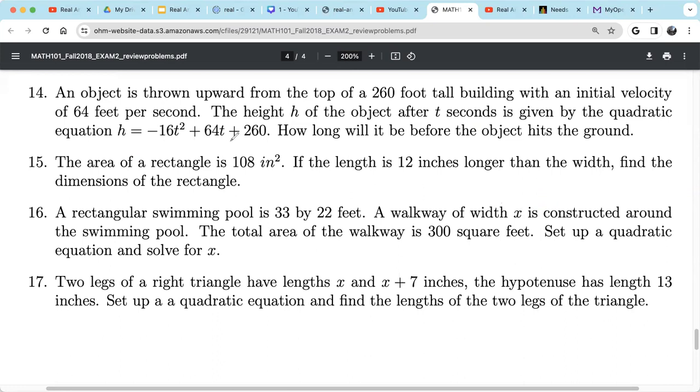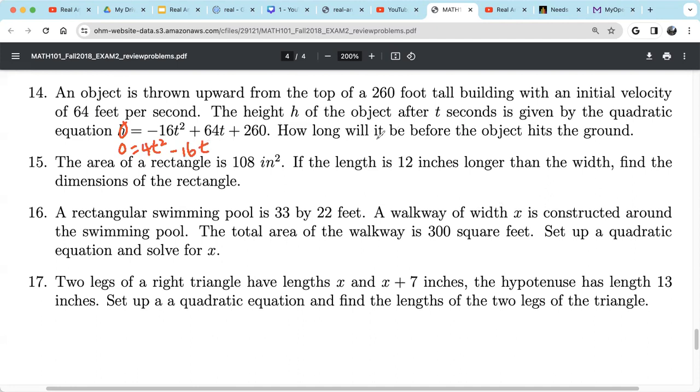So basically, we want to solve when the height is 0. So we divide everything by negative 4. 0 divided by negative 4 is still 0. Negative 16 divided by negative 4, that's positive 4t squared. 64 divided by negative 4, that's negative 16t.